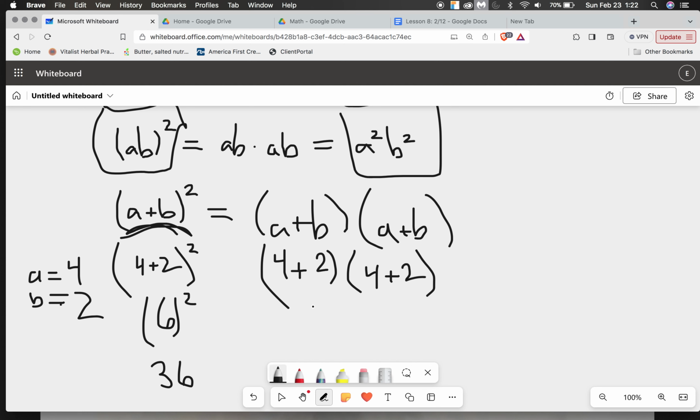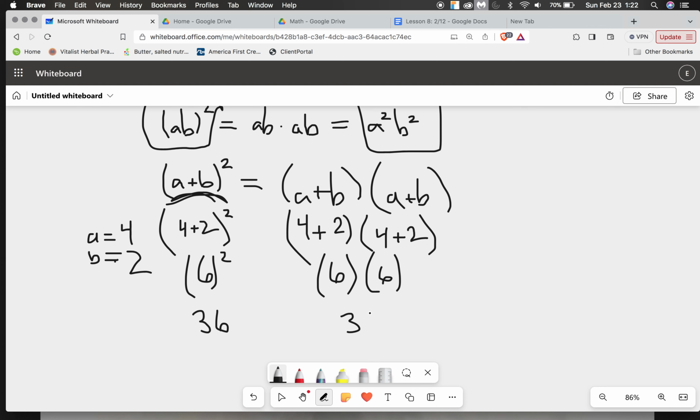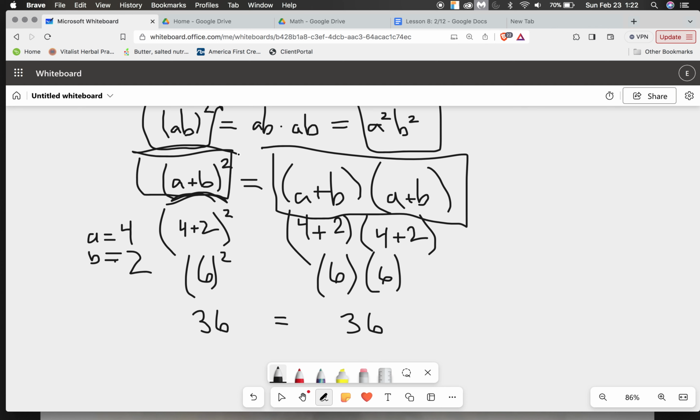And then we have 4 plus 2 is 6, and that is multiplied by 4 plus 2 is 6, and 6 times 6, as we know, is 36. So same answer, it's just written out two different ways. Sometimes it might be helpful to see the expression written out in the really long form, and sometimes it might be more helpful to see it in the short, simplified, more concise form. So we can reverse these if we wanted to, whatever we need to do to make it easier for our brains to figure out the problems we're doing.